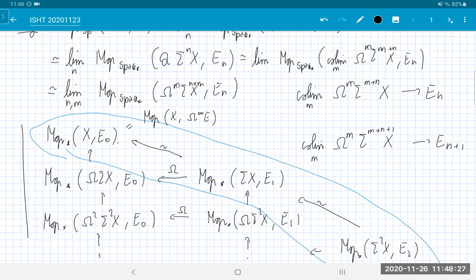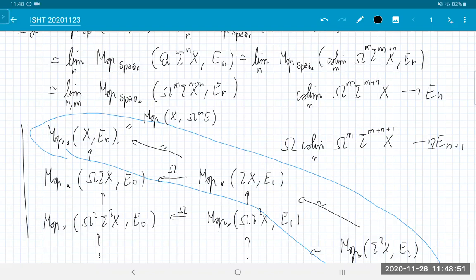That's what this limit in n is doing. And we defined it by looping it. I have a map here downstairs, and I have to turn it into a map upstairs. That is what this limit in n is doing, and I'm claiming that this is happening by looping.